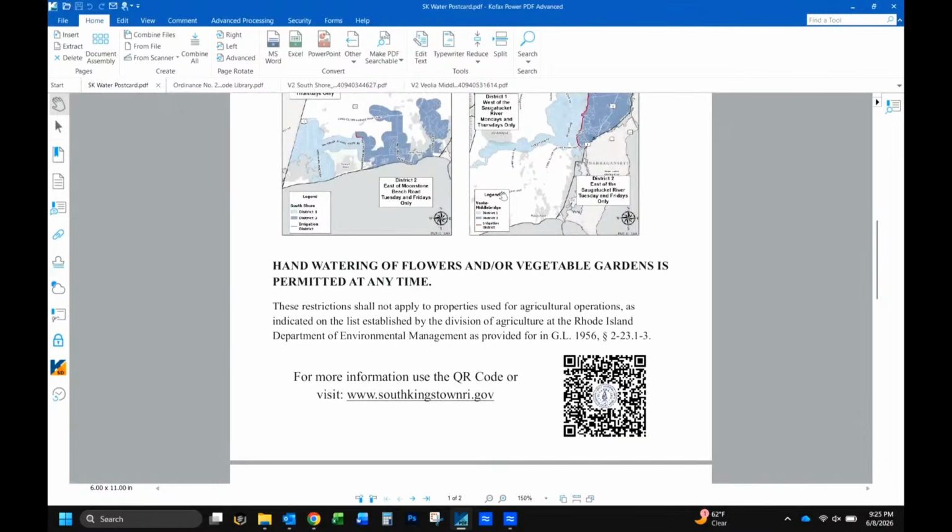Our GIS coordinator, Tracy Owens, developed a couple of layer data sets that can show you exactly where the overlays are, and you simply type in your address and it'll pop up in whatever zone you're in, and you can see it that way.